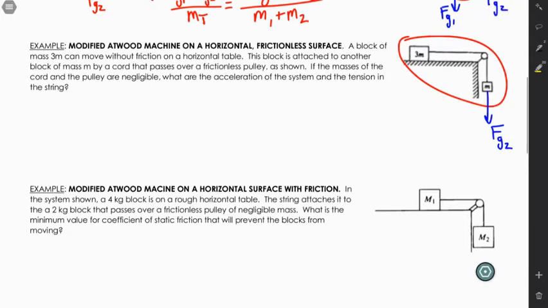Nothing else is trying to pull it because we have a frictionless surface. And so there's my free body diagram, basically. All I have to do now is replace the circle with my box and say, okay, this is total mass. Because what's the giant red flag again with Atwood machines? Divide by total mass.